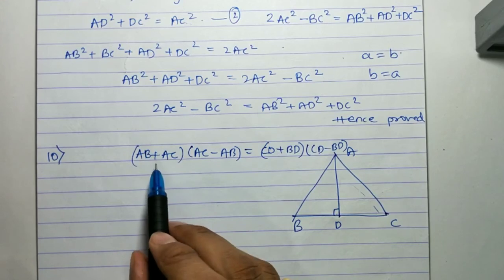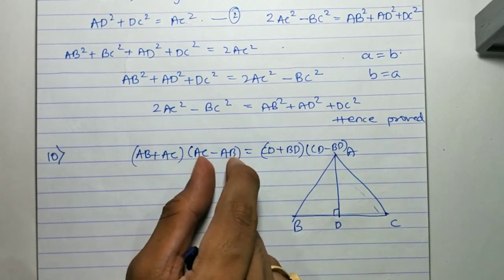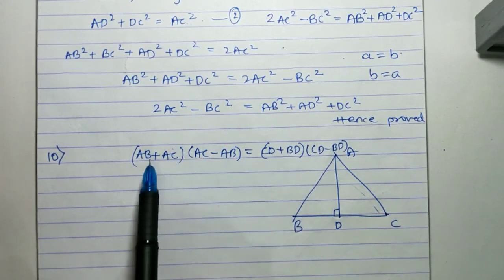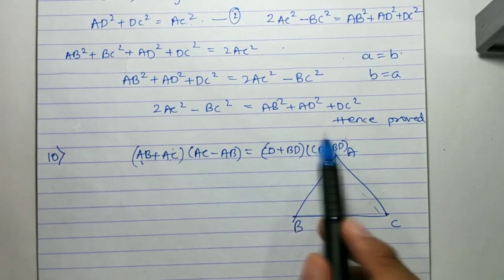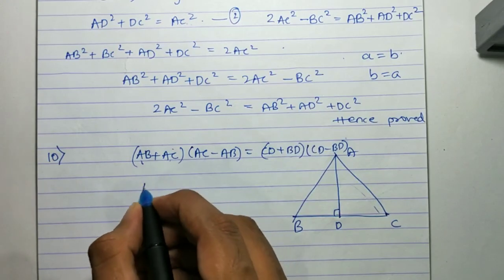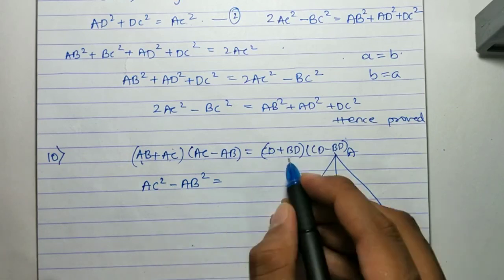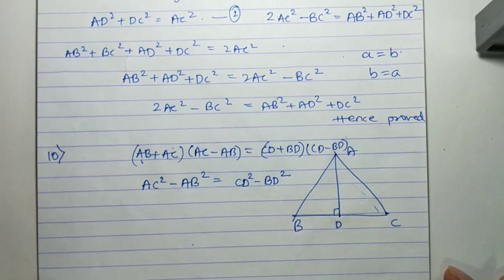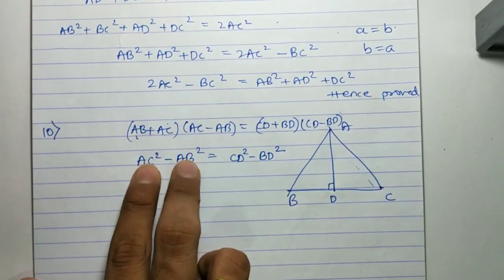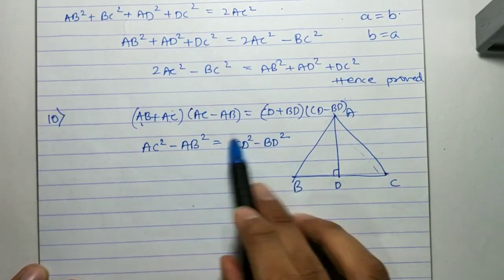If you observe, it is in the form (A plus B)(A minus B). They have just written AB first. This is nothing but (AC plus AB)(AC minus AB) equals (CD plus BD)(CD minus BD). So this is nothing but AC square minus AB square equals CD square minus BD square. Correct? (A plus B)(A minus B) is A square minus B square.